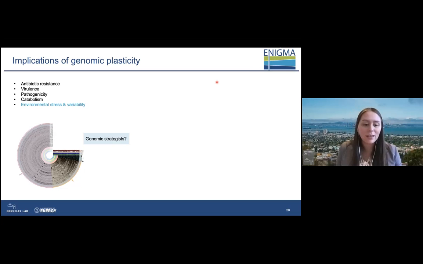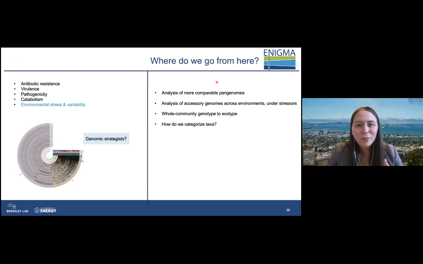Are they using their enzymes that have a very, very high affinity for the substrate to be able to live in these lower concentrations of their substrate conditions? And here, do we have genomic strategists who can shift around their genomes to see what they need? And so, there's a lot of questions to answer before we can say much about this idea of genomic strategy.